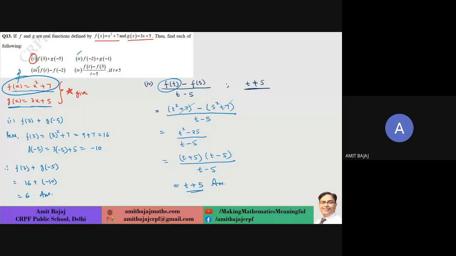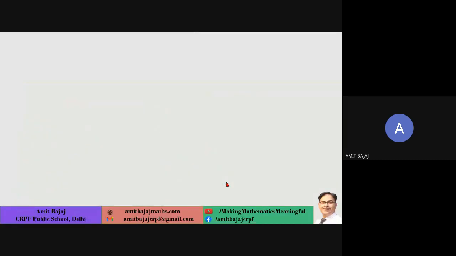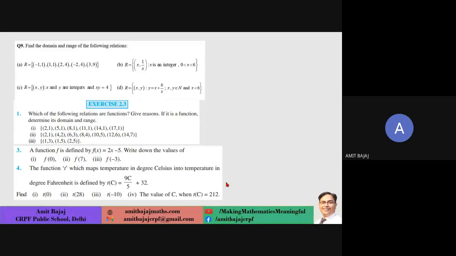Any doubt to anyone? Yes, based on this, we have our exercise for the homework. Check this out. This is from the previous topic, domain and range of the following relations.